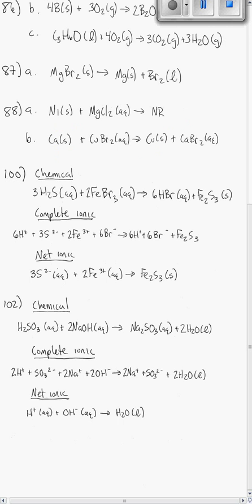Number 88 deals with single replacement reactions. So in order to tell whether or not a single replacement reaction is going to occur, you need to look at the position of the 2 metals that are involved on something called an activity series. The element that's higher up on the activity series will replace the element that's lower on the activity series.